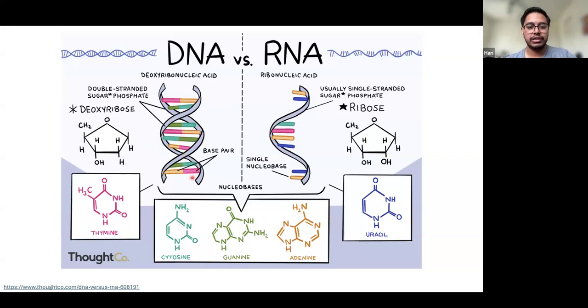So these base pairs are nothing but hydrogen bonding between the two bases on the inside of the long chains of nucleotides. But RNA is a single-stranded molecule, so usually we don't see the hydrogen bonding often.